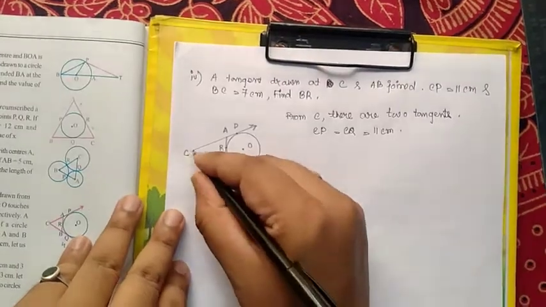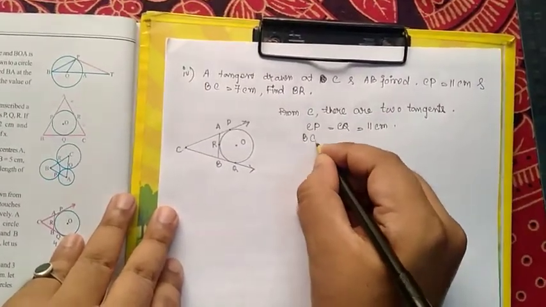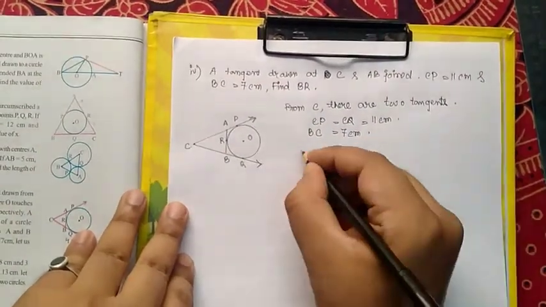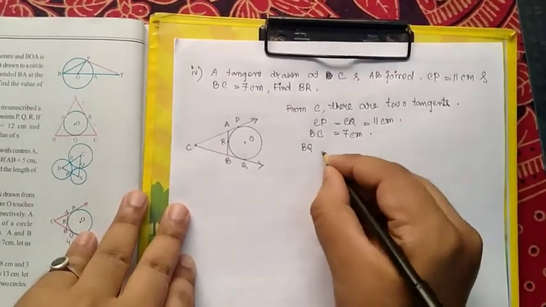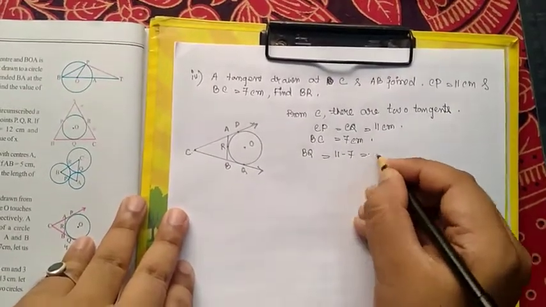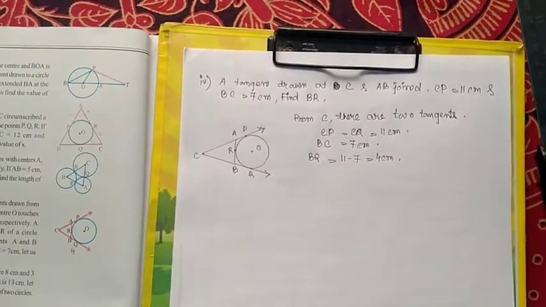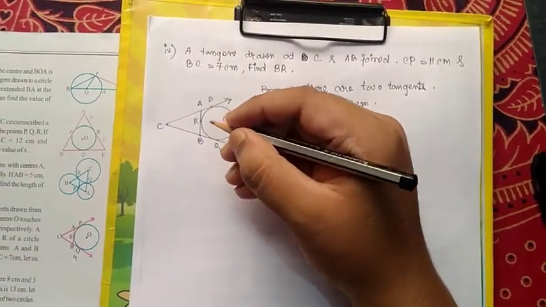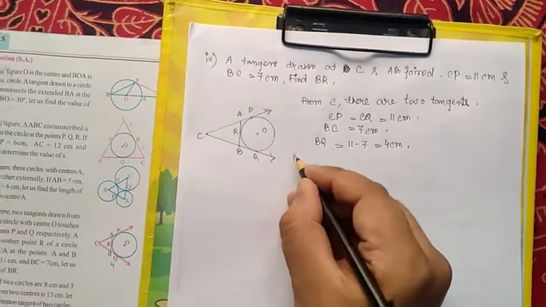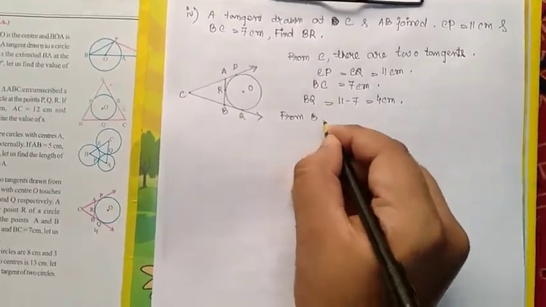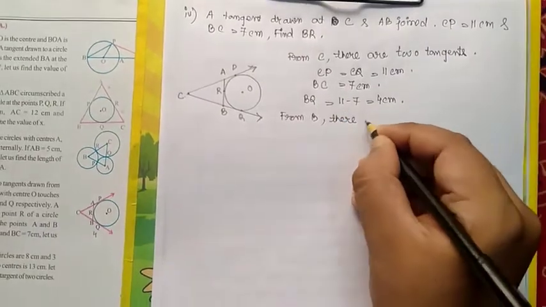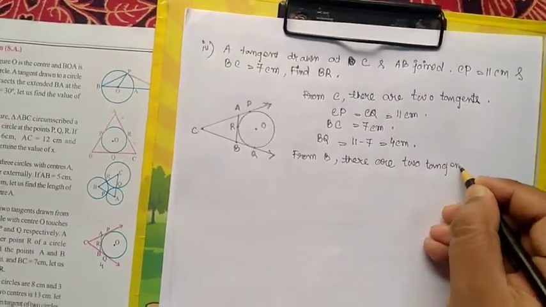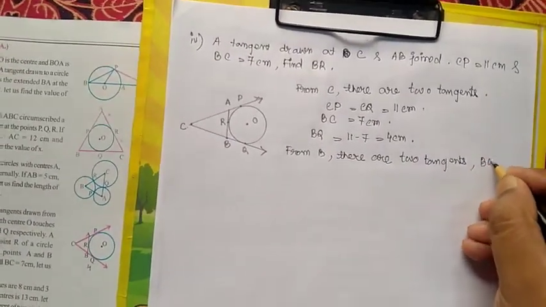Now here we know that BC equal to 7 centimeter. So if BC equal to 7 centimeter, BQ equal to 11 minus 7 equal to 4 centimeter. Now see, this B is also an external point, and from B there are two tangents, BQ and BR.